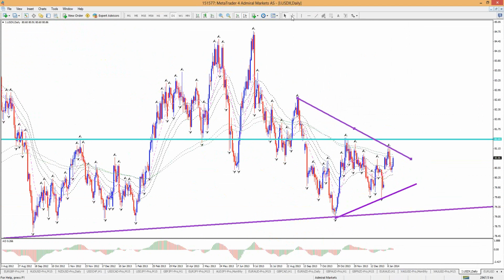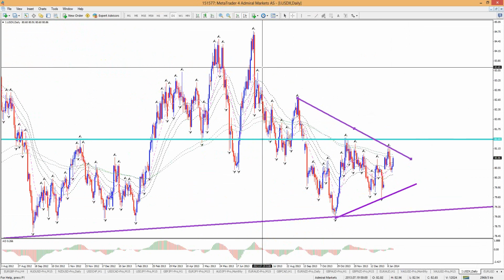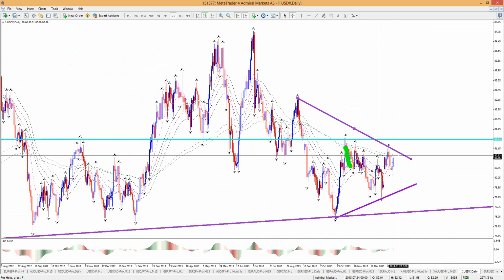Quite messy, isn't it, the last 2 months? I mean, this was at least a clear downside. This was a clear upside. This maybe could have been considered a retracement still. And we did get a break, but this has also been quite choppy so far.